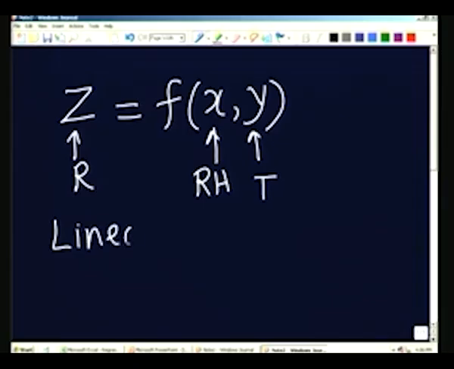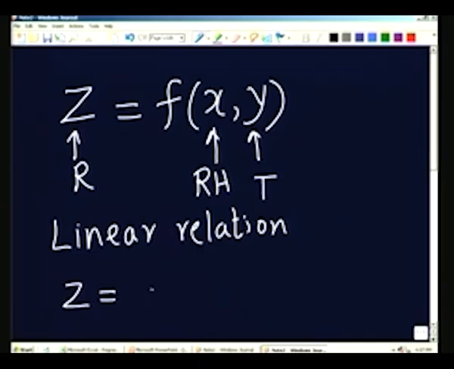A linear relationship means we have z equal to ax plus by plus c. There are three parameters a, b and c.